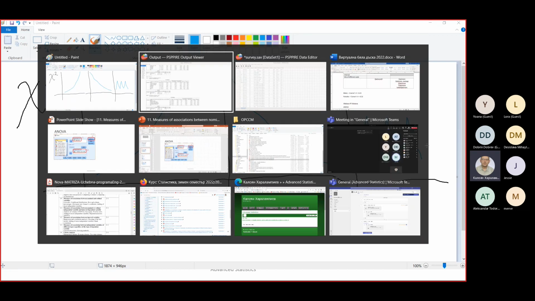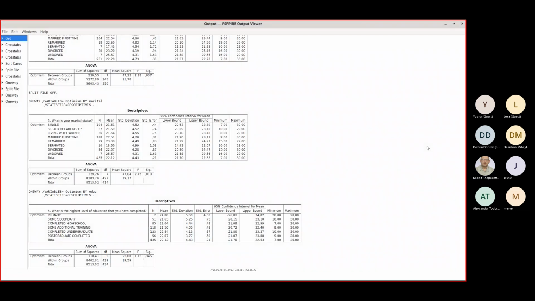And of course, here the significance level is 34.5%, which is larger than 5%. So our conclusion is that we must accept null hypothesis.